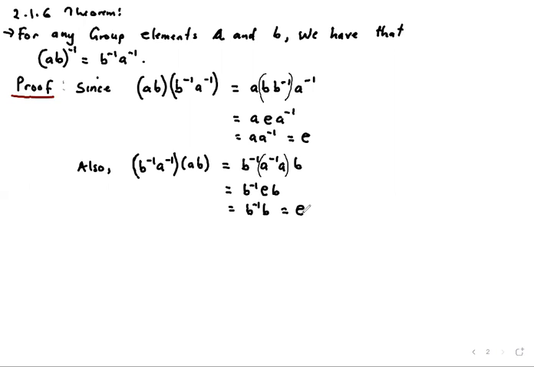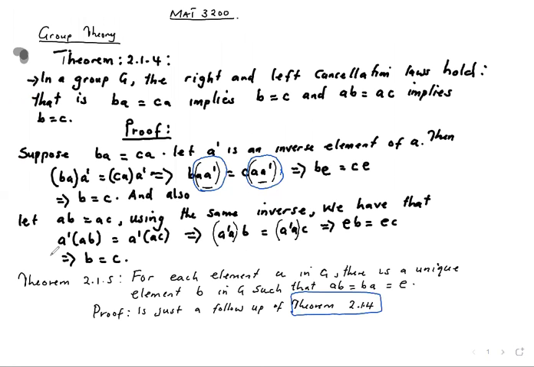This means that by the definition of an inverse element, remember that we said an inverse element, if I get A and call B an inverse element. In fact, it was this theorem here. Theorem 2.15.